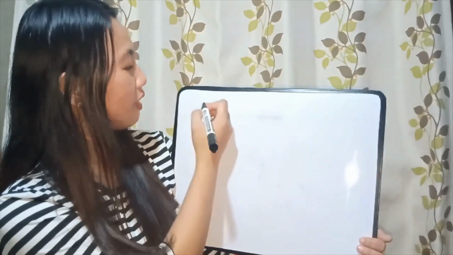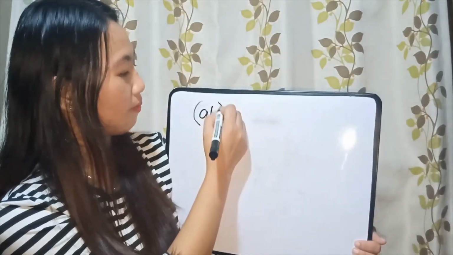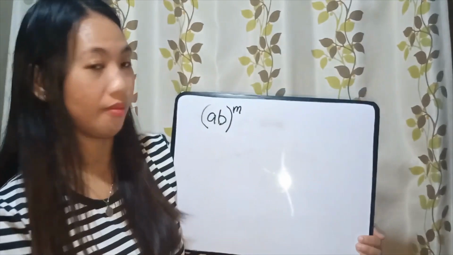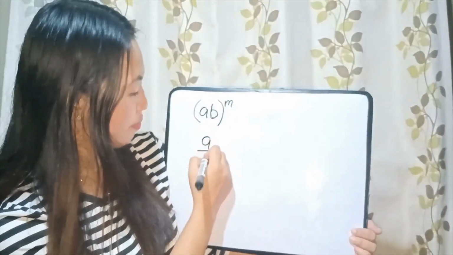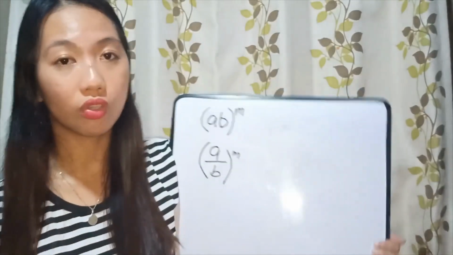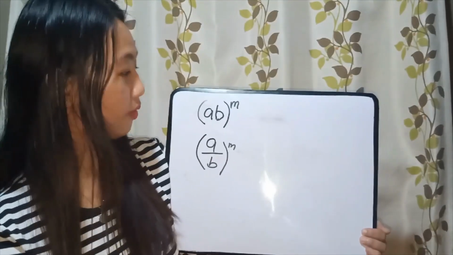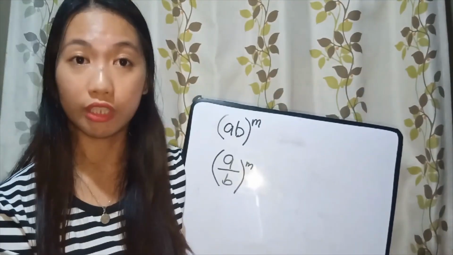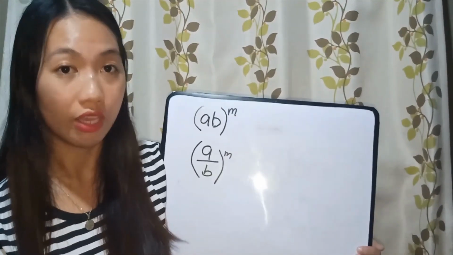Okay, so let's have these expressions: a times b raised to m, and a over b raised to m. These are the last two laws that I'm going to give you. This is what we call multiplying and dividing expressions with different bases but the same exponent.